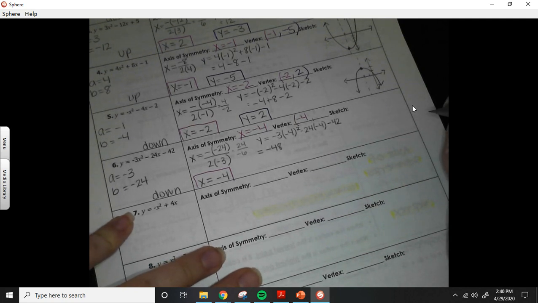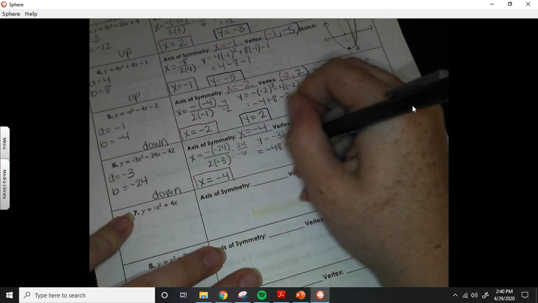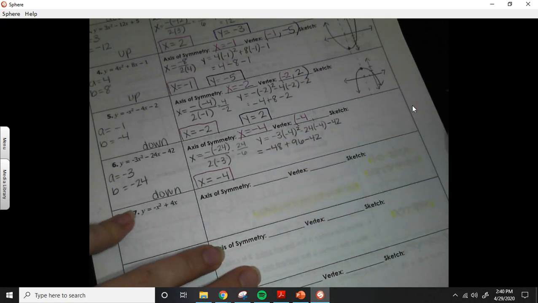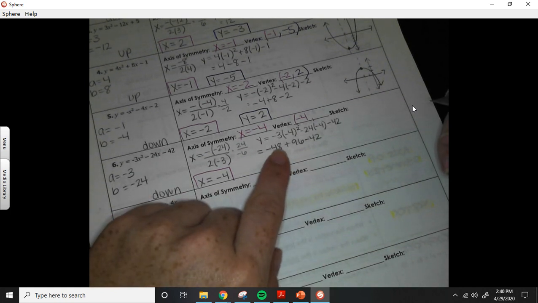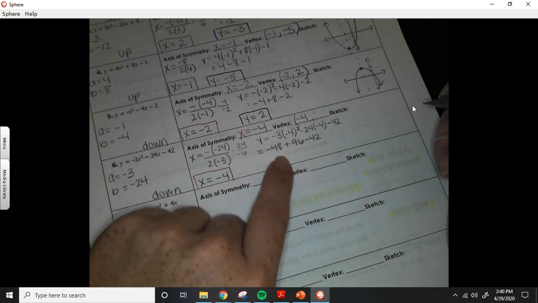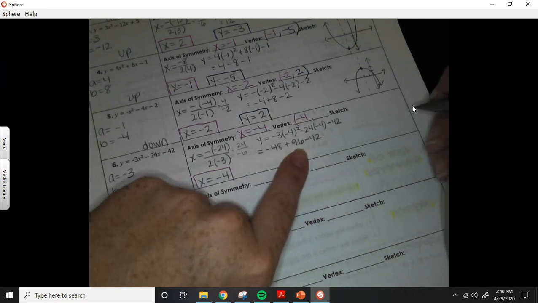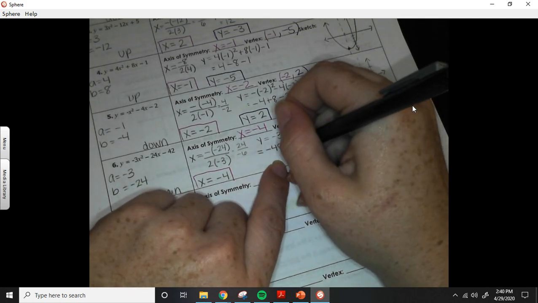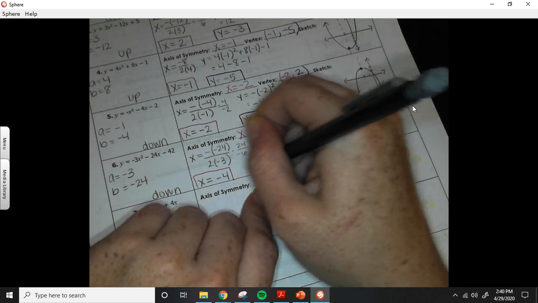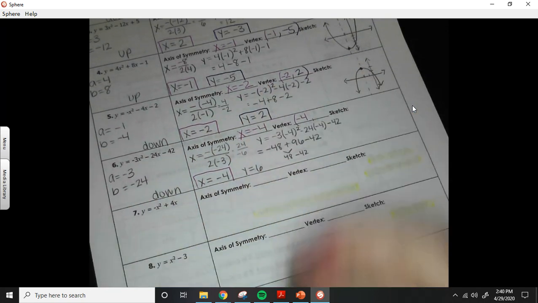Negative 24 times negative 4, I believe, is positive 96. And then minus 42. So 48 is half of 96, so that means we have negative 48 plus 96, which is positive 48, minus 42, which means y would equal 6.